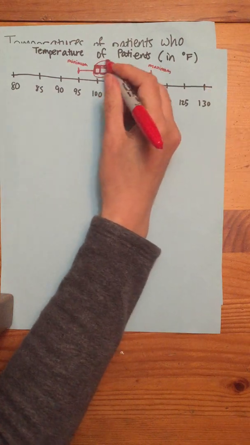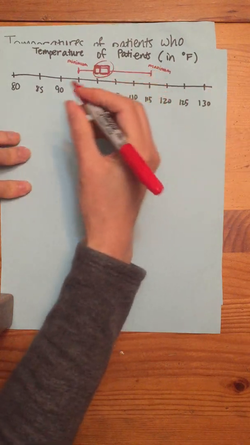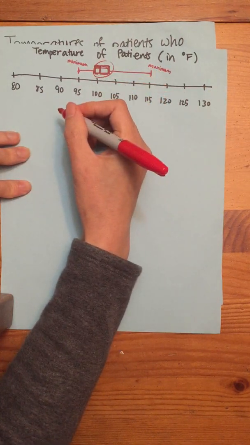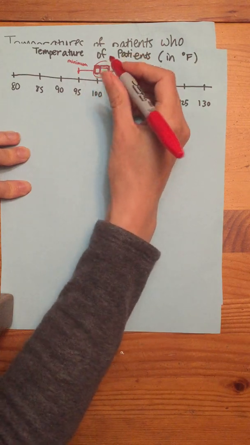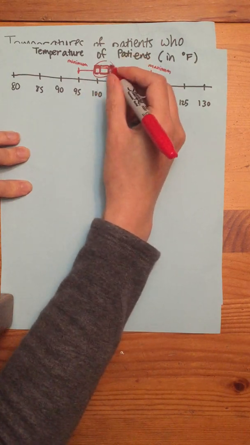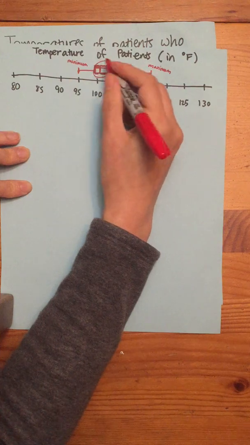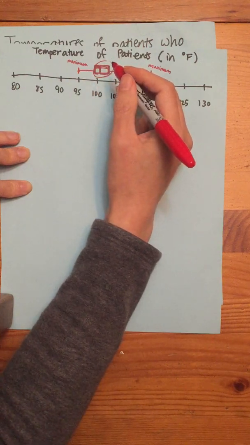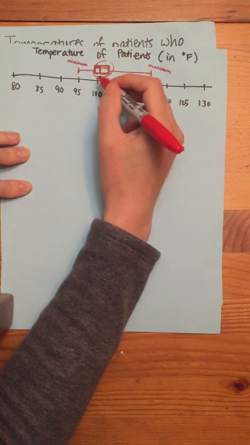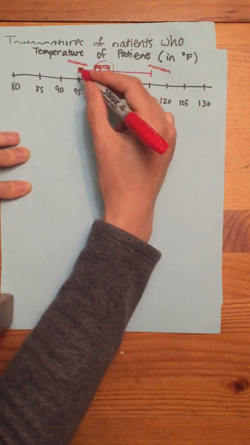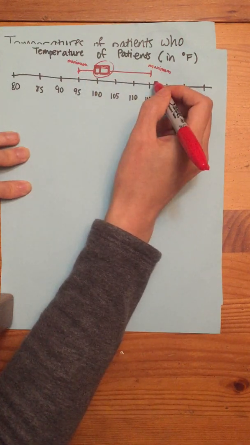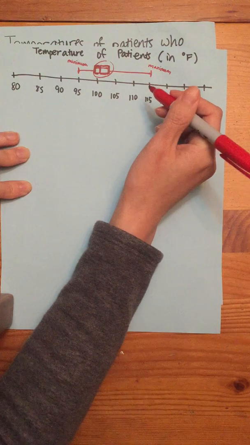I'm going to explain this box part a little bit more now. A lot of times when we make decisions, we try to cover as many people as possible, but it's just not usually economical to fit every single thing in. So we can't usually cover the minimum to the maximum. I'll give you a good example. Doors.